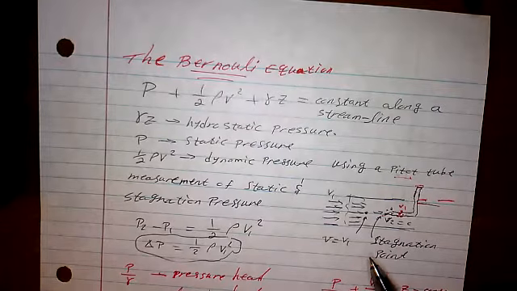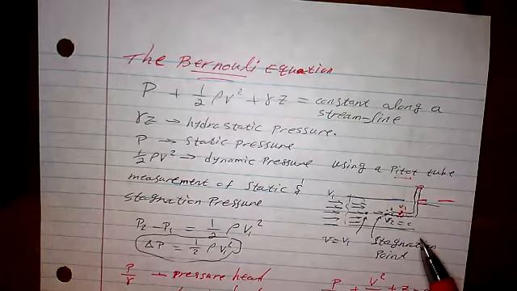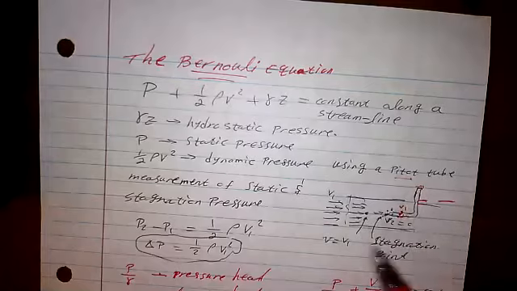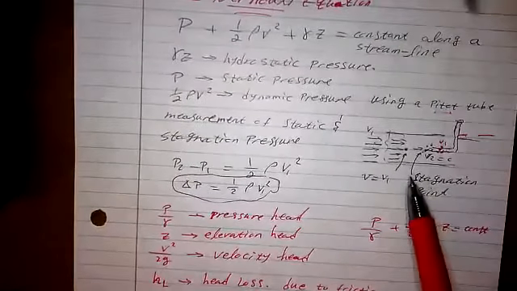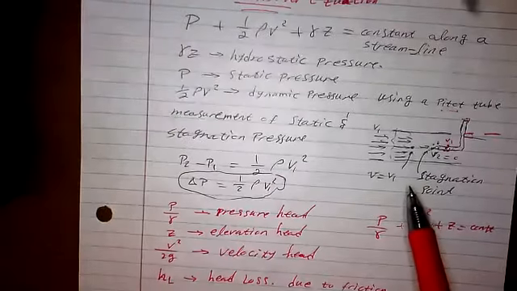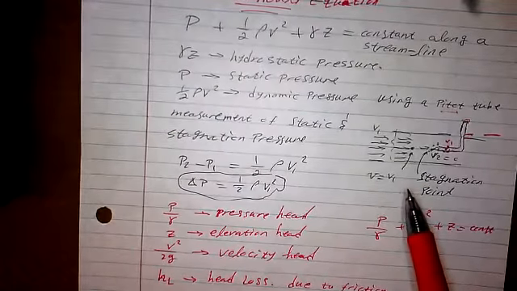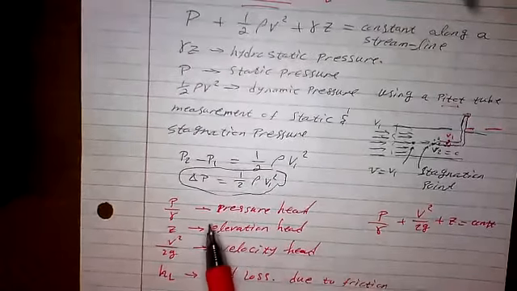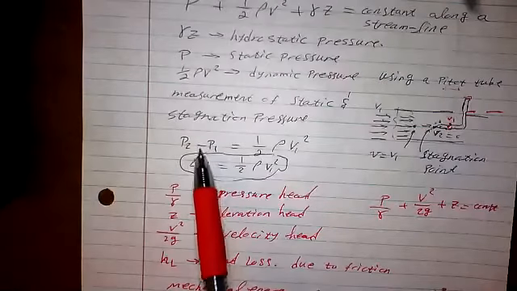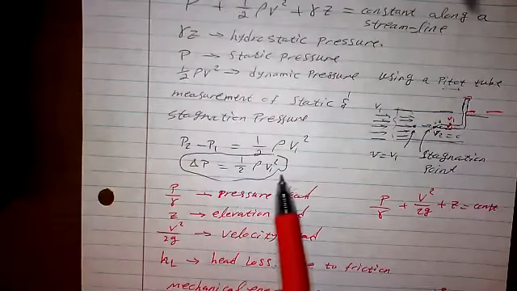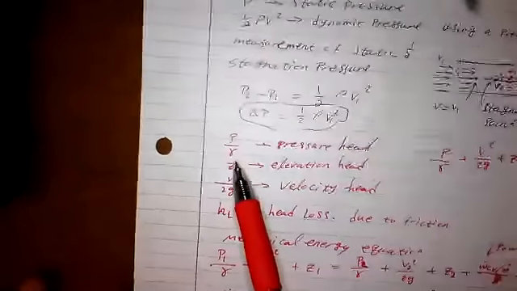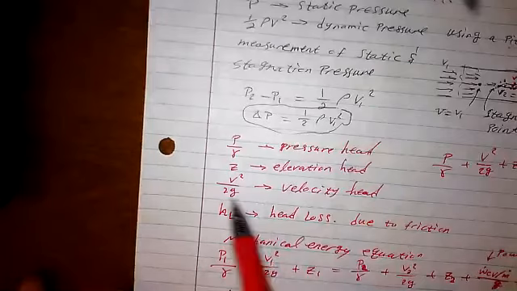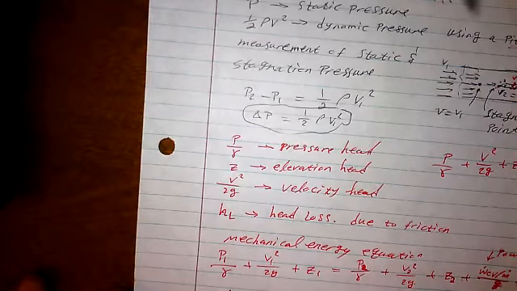So the students in the lab were comparing the 2 different devices to see if they satisfy the Bernoulli equation. And the velocity of air was not too high, so we consider the density to be constant, or it doesn't change. That's why the Bernoulli equation says delta P equals 1/2 rho V squared. All right, great. So that's what we have, and we know that this is a pressure head, that's a velocity head, that's a head loss due to friction.